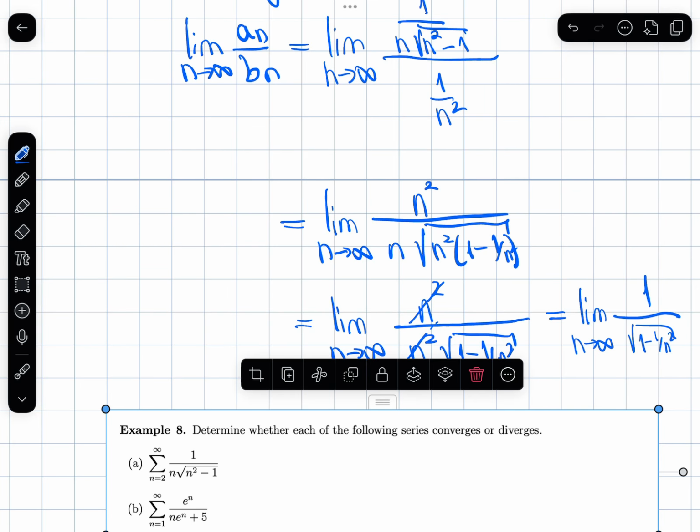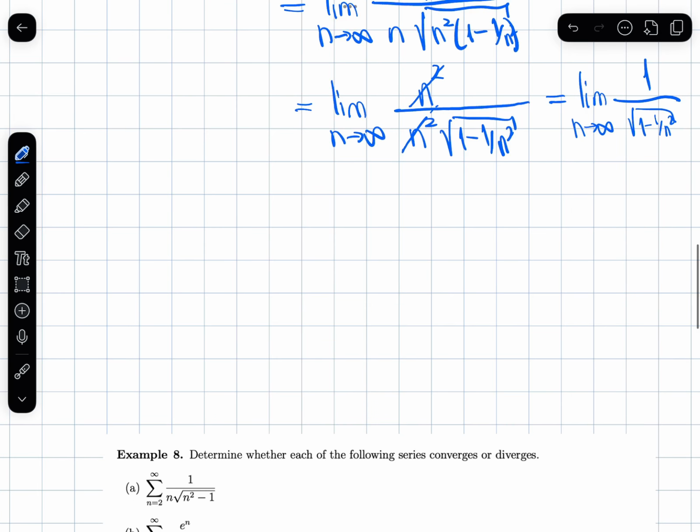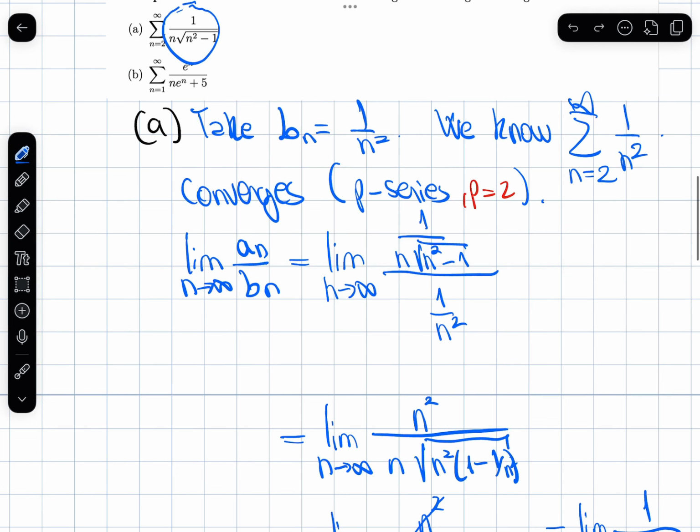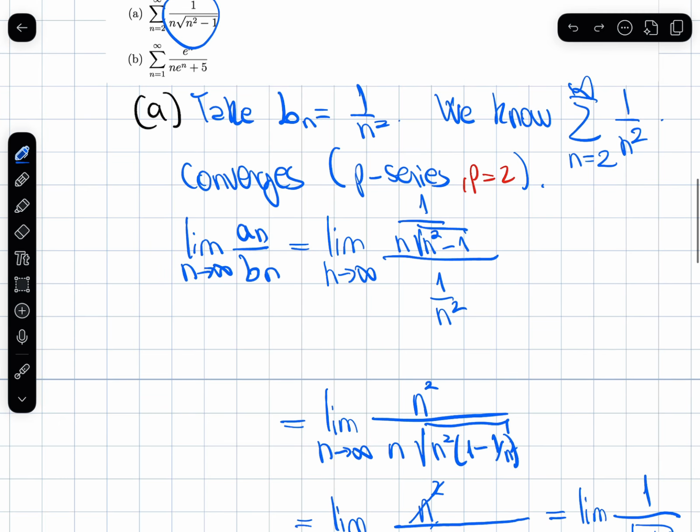Let me move this down a bit, because then you can see that this is 1 over 1, which is 1, which is definitely not 0, which is great. And so because I knew the other one converged, this one converged, and the limit was 1, that means the series are approximately equal for large n values. They're tied together. So that means they both converge.